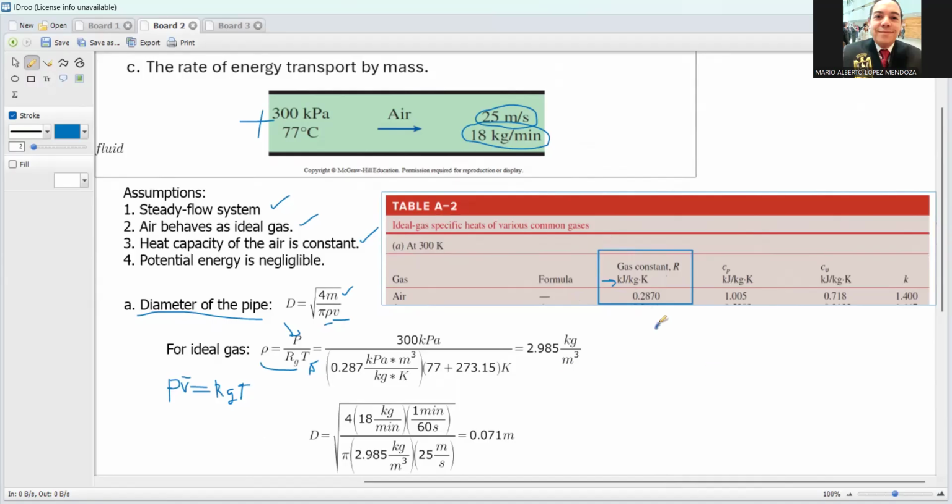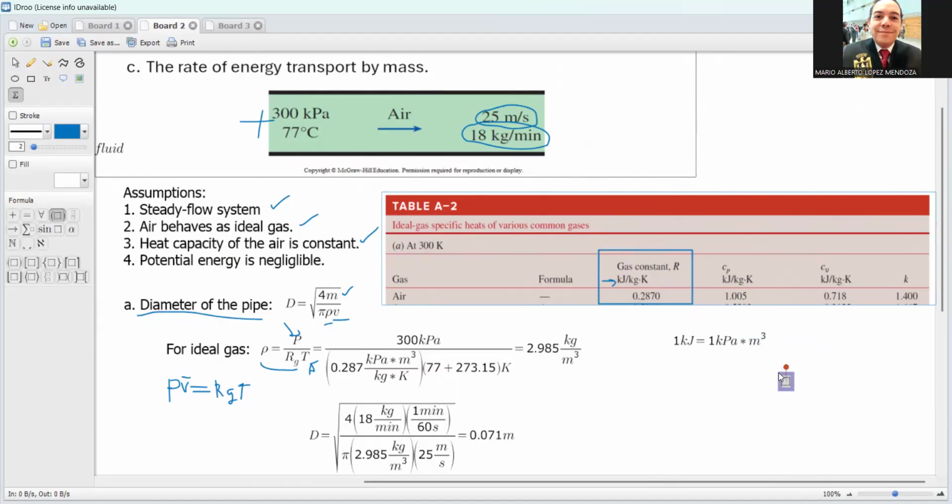So remember that 1 kilojoule equals 1 kilopascal times cubic meter.